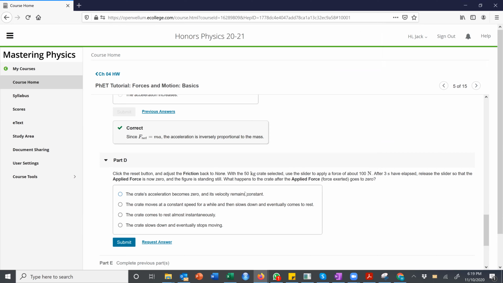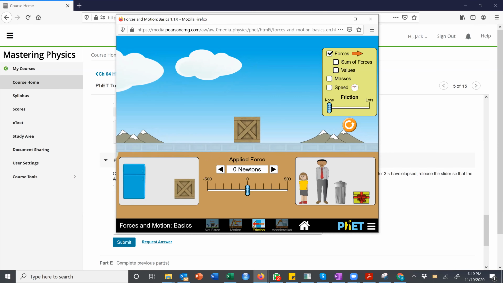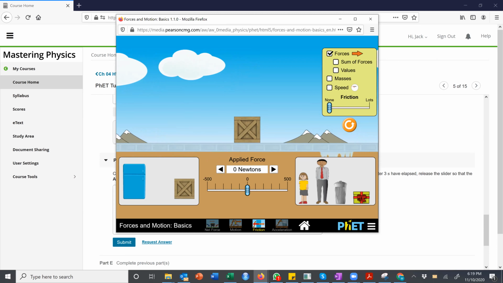The acceleration becomes zero and its velocity remains constant because it's just going to keep going. How does the acceleration become zero? It's zero because it's neither increasing nor decreasing speed. Oh, so it's just kind of like throwing something in space where it just keeps going. Yes.